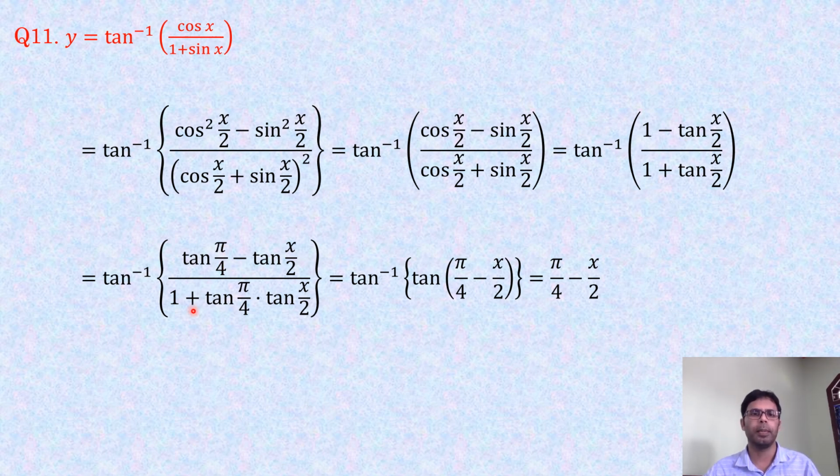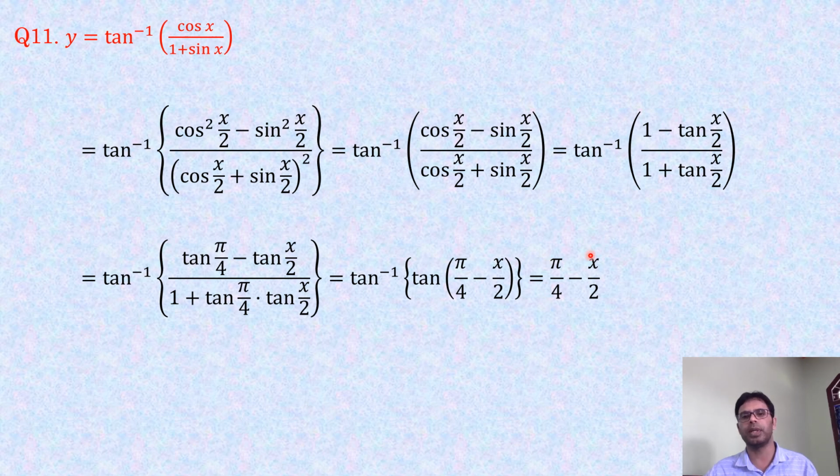Then in the denominator, 1 plus, here you may consider 1 into tan x by 2, and that 1 is equal to tan pi by 4 into tan x by 2, and it is of the form (tan a minus tan b) divided by (1 plus tan a into tan b), and that is the formula for tan (a minus b). So tan inverse remains the same, and this total part is equal to the tan (a minus b) formula, where a is pi by 4 and b is x by 2 here. So this time tan inverse and tan can be removed, and we will have only pi by 4 minus x by 2.